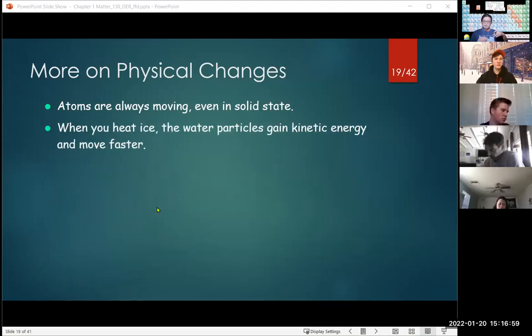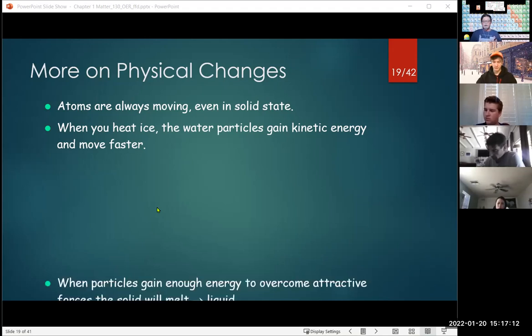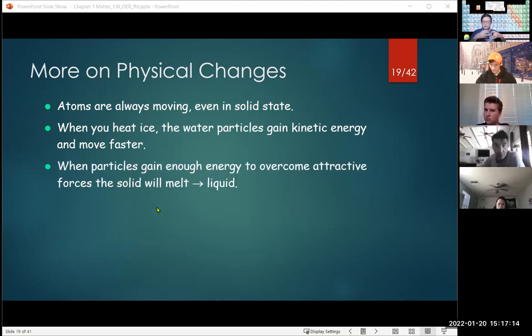So when you heat ice, the water molecules can gain what is called kinetic energy, okay? That's movement energy. And so when they pick up energy, you cause these molecules to move even faster, and they start separating from each other, from the solid phase to the liquid phase to the gas phase.